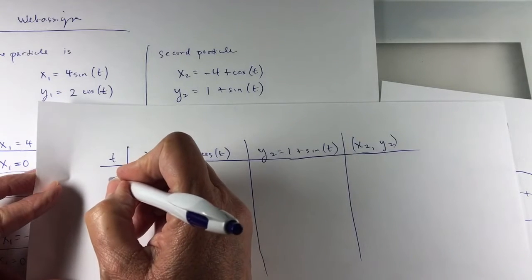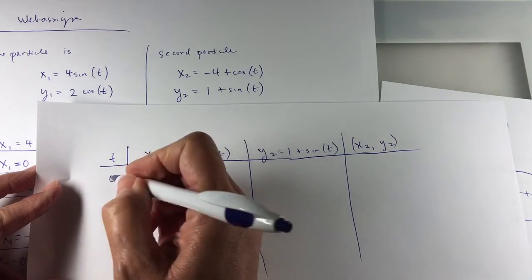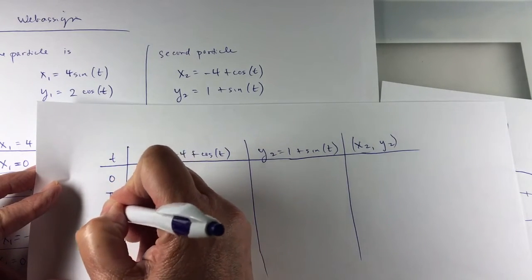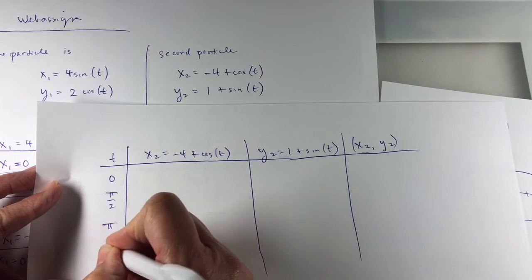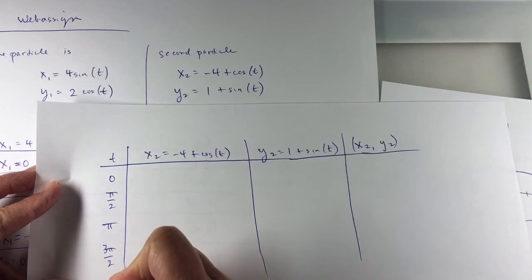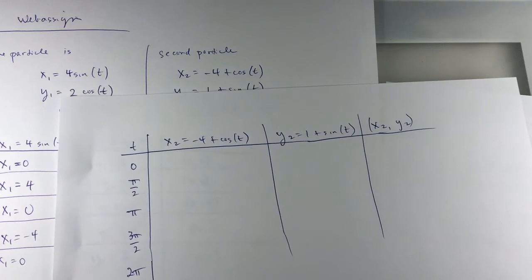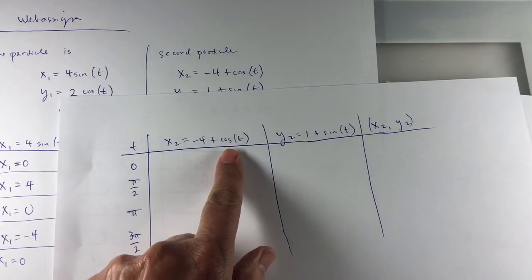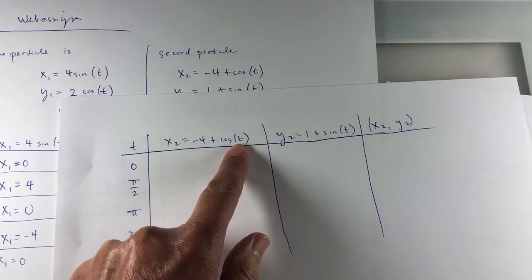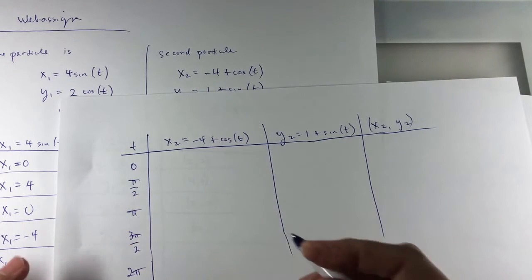And I'm going to pick the same values for t. 0, pi over 2, pi, 3 pi over 2, and 2 pi. So when I plug in 0, cosine of 0 is 1.